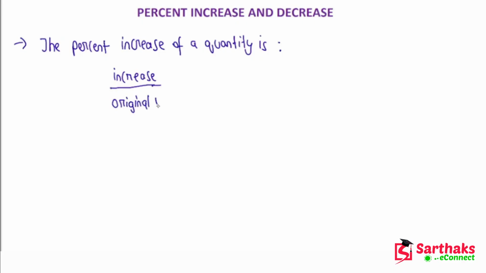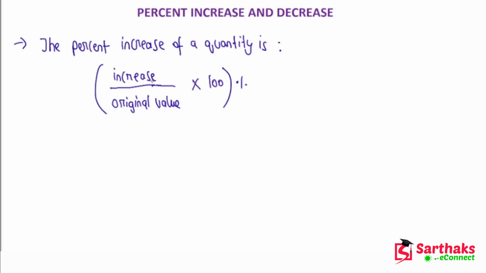I told you that everything is calculated on the original value. This is the fractional increase. If you want percentage increase, just multiply by 100 and add the percentage sign. That is the standard method, right?